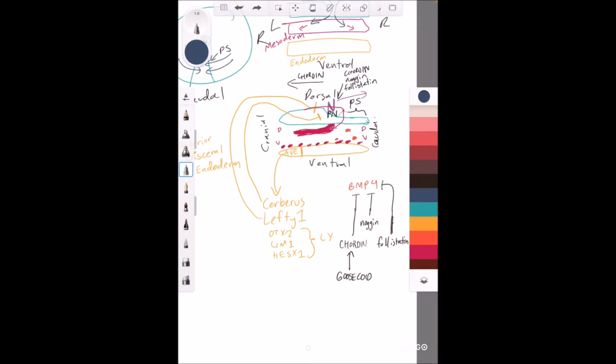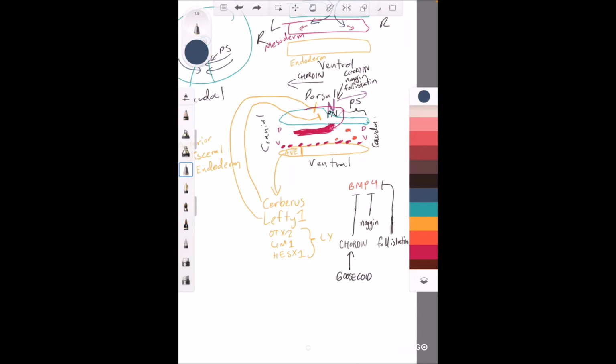The formation of the notochord they call dorsalization of the mesoderm, because now the mesoderm is going to stay on the dorsal side. And before we inhibit it, we have ventralization of the mesoderm, because the mesoderm is going to be falling onto the ventral side. So there's that.